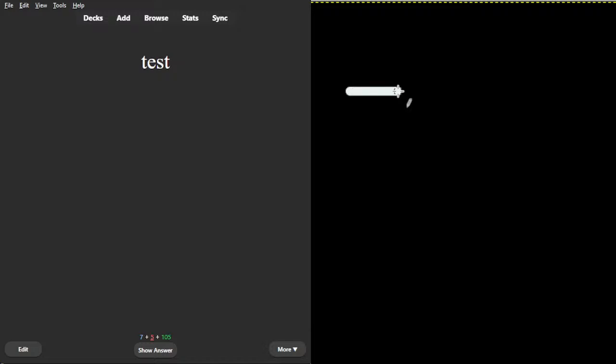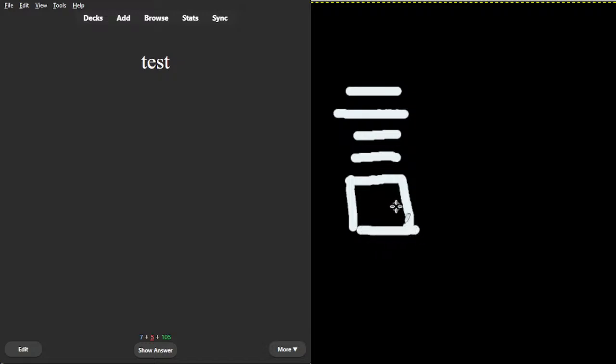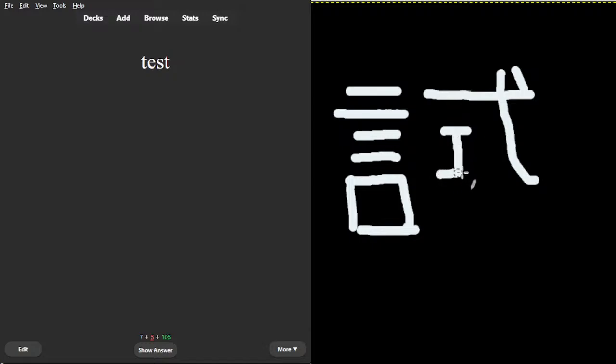All right. So test is like to try, not like an exam test. I should probably disambiguate it. This is to say, and then this is style. I did not do that stroke order correctly.